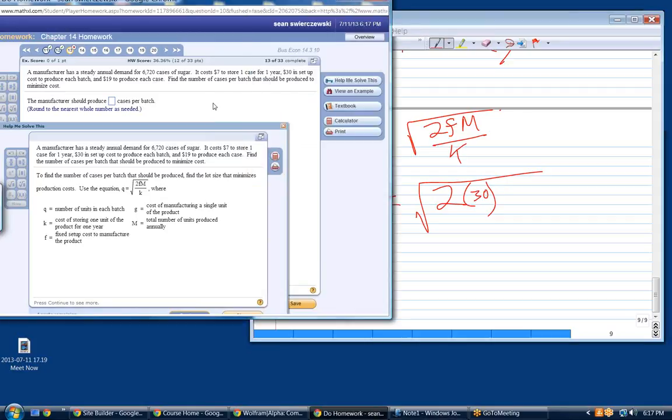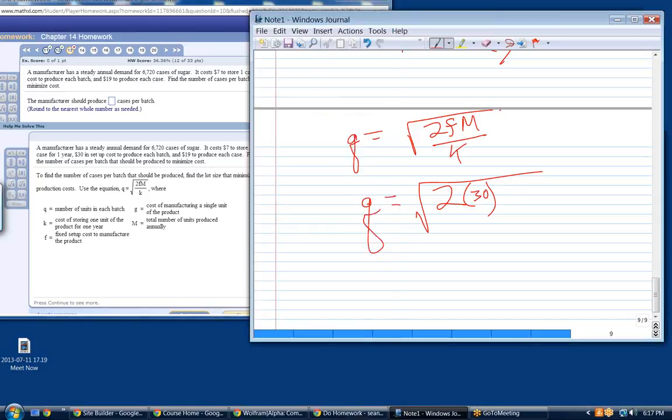I think we're supposed to put in 6720 here. They have a steady annual demand for 6720 cases. The total number of units produced annually, I can only think we're supposed to put in 6720 there. And we're going to divide that all by K, the cost of storing, $7 for 1 unit. So all that's divided by 7. So that gives me the number of units in each batch.